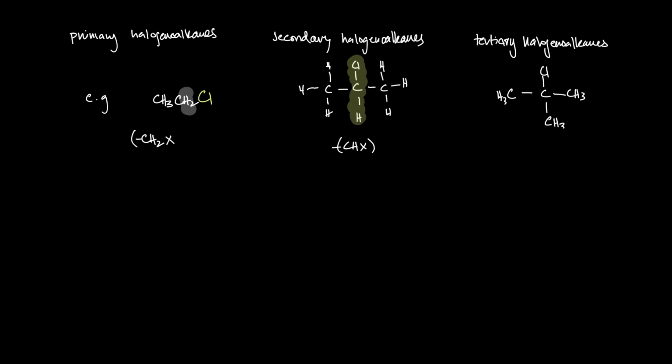We can clearly see that here. This carbon atom has no hydrogen atoms bonded to it and is bonded to three carbon atoms, hence it's called a tertiary halogenoalkane. Primary halogenoalkanes are also known as 1-degree halogenoalkanes, secondary can be called 2-degree halogenoalkanes, and tertiary can be called 3-degree halogenoalkanes. This number represents the number of carbon atoms that the carbon bonded to the halogen is bonded to.